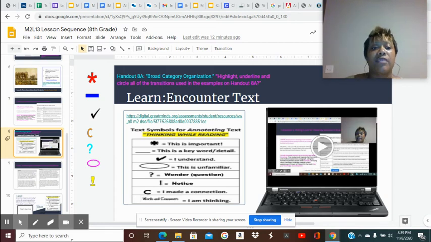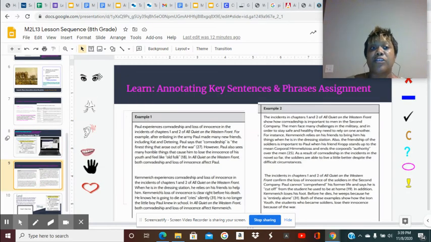Then also we have our imagery signs: our sight, our smell, our hearing, our taste, our touch, and our feelings. Those are all of our symbols that we will be using, and I want you to definitely utilize them as you are doing your annotations.